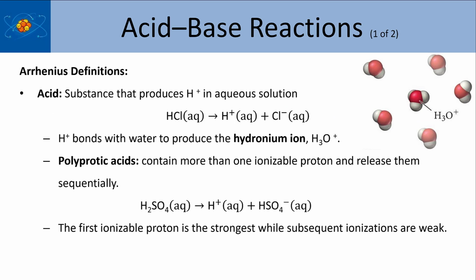So let's talk a little bit about acids and bases, and there are several different definitions of acids and bases, and the one that we'll use in this class primarily is the Arrhenius definition. An acid is something that produces H plus when added to water. So what Arrhenius recognized is things that have the properties of acid, what they're actually producing in water is H plus.